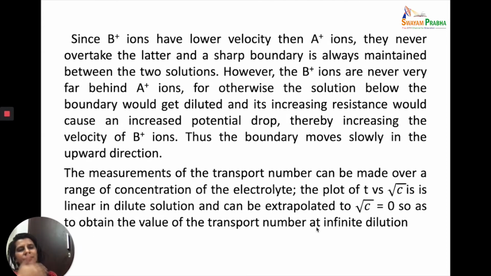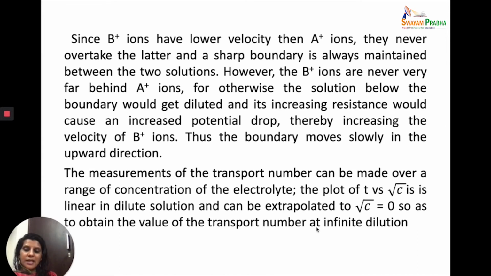In fact, with respect to H plus, all cations will move slower, but we have taken Cd2 plus. Third, BX should be denser than AX. That is, the indicator electrolyte should be denser than the principal electrolyte, so that the principal electrolyte is floating on top of the indicator electrolyte.